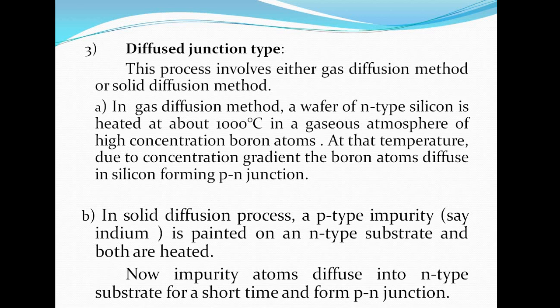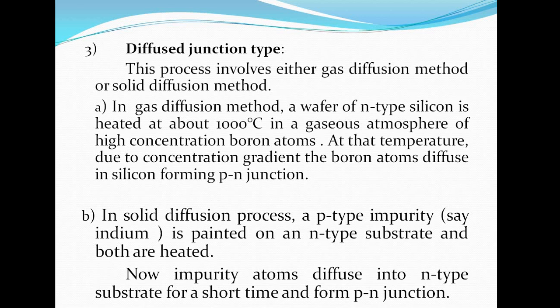The third one is the diffused junction type. This process involves either the gas diffusion method or the solid diffusion method. In the gas diffusion method, a wafer of N-type silicon is heated at about 1000 degrees centigrade in a gaseous atmosphere of high concentration boron atoms.